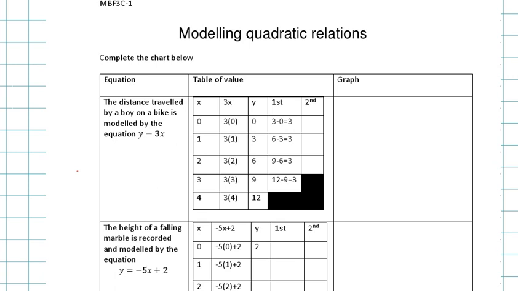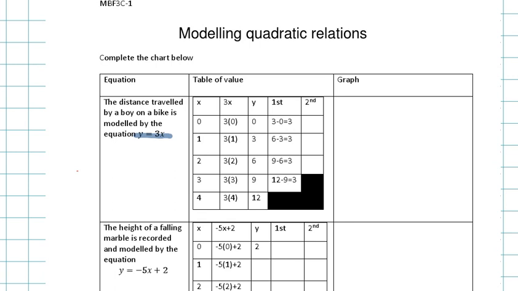So this is my equation. I have to fill out a table of values, and then do what we call the first difference and the second difference. I'll explain these to you. And then I have to graph. To fill out the table of values, usually they will give you the x values, and you have to fill out the y values. This is already filled out for us.